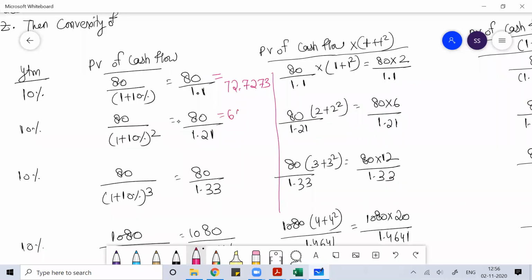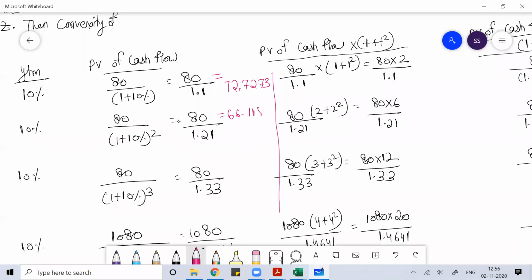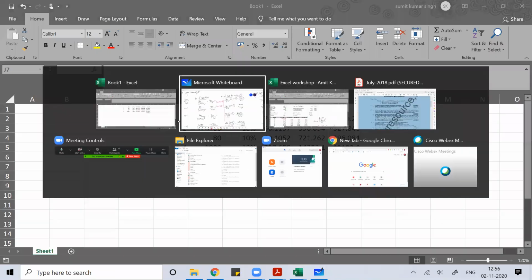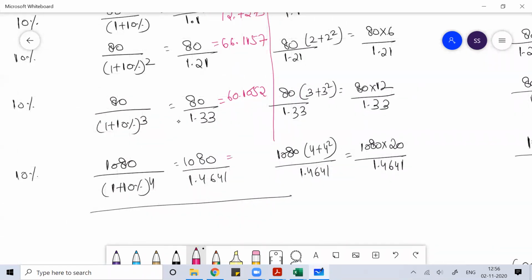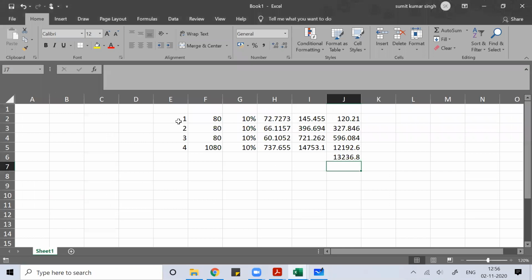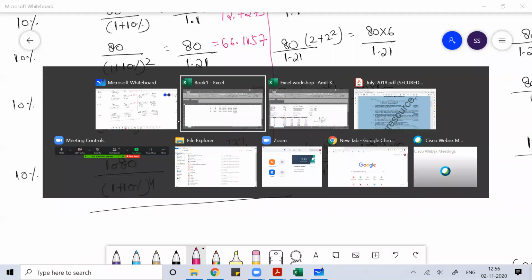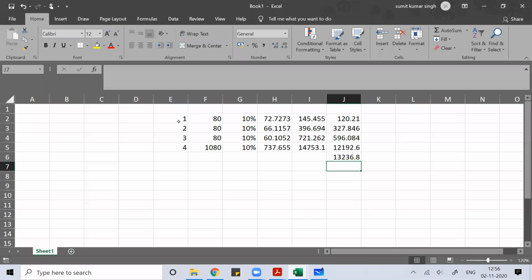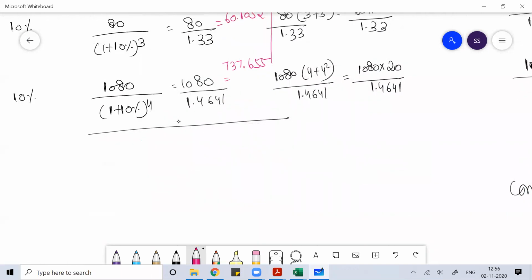This is 66.1157. This is 60.1052. And this is 737.655.